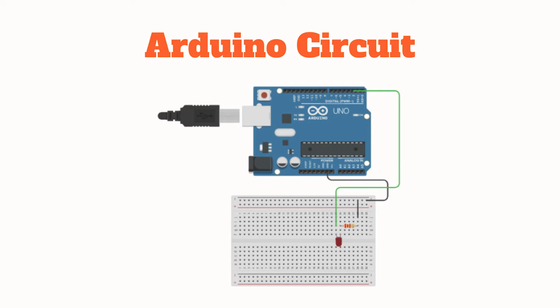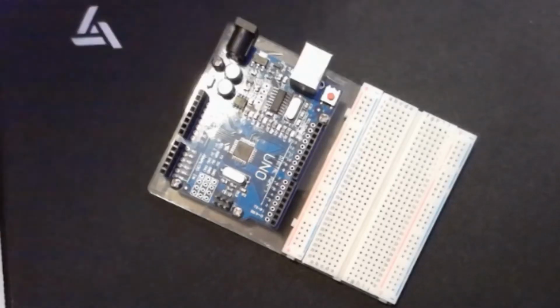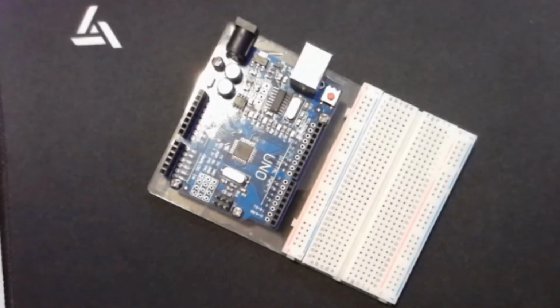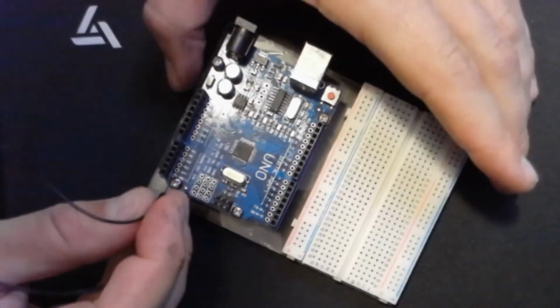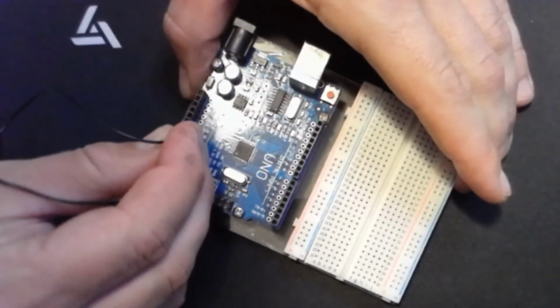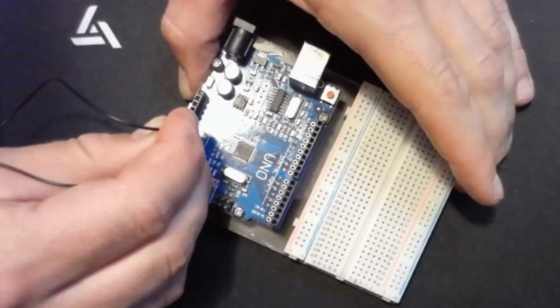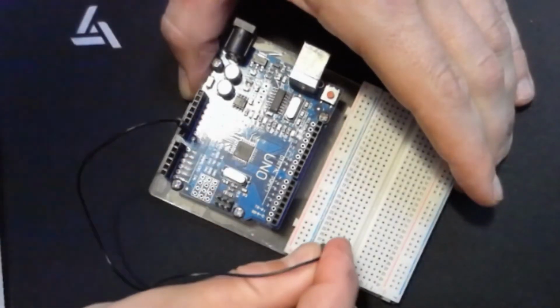So to start, let's create the Arduino circuit. Okay, so let's start by creating a really basic circuit for an LED. So I'm just going to go from our ground to our breadboard.